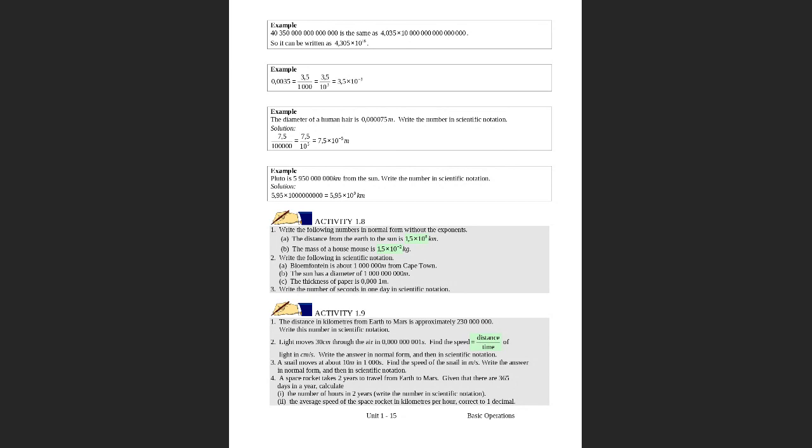If I'm given 0,035 and I am asked to change that number to scientific notation, must I include a step which says 3,5 over 1000? Will I be penalized if I don't? You see, in mathematics, we don't really have one method exactly.